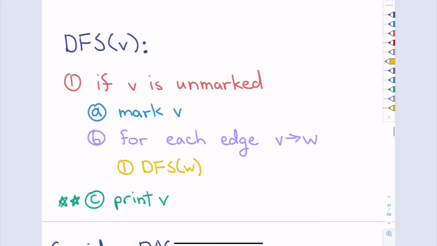Imagine I augment my code with this last extra line. This is, again, only if it's searching for the first time, so it's underneath the if statement. But on the way out, I'm printing out the name of the vertex, or appending it to the output somehow. Now we're interested in what we can say about this ordering. This is called a post DFS ordering, because it happens at the end.